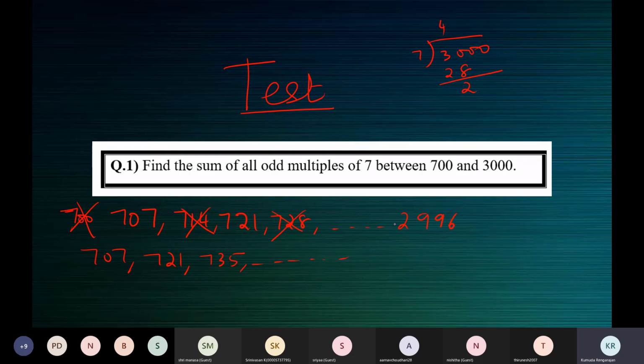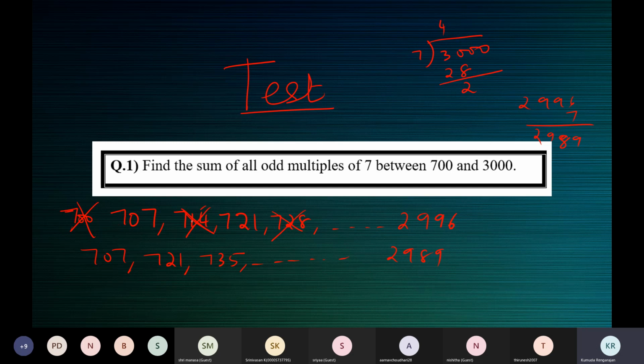So the multiple preceding this will be 2996 minus 7, so 2989. You write out all the multiples of 7 between 700 and 3000.